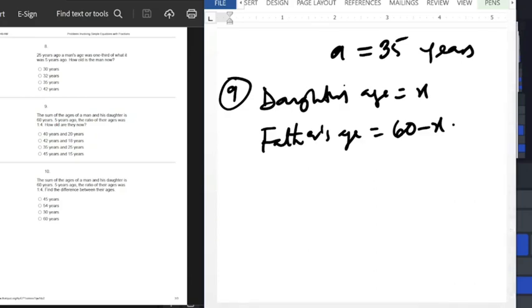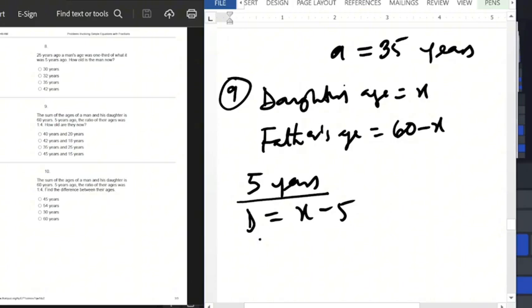We subtract x from 60 to give us the father's age. Now, 5 years ago, the daughter's age will be x minus 5, while the father will be 60 minus x minus 5, that is 55 minus x.